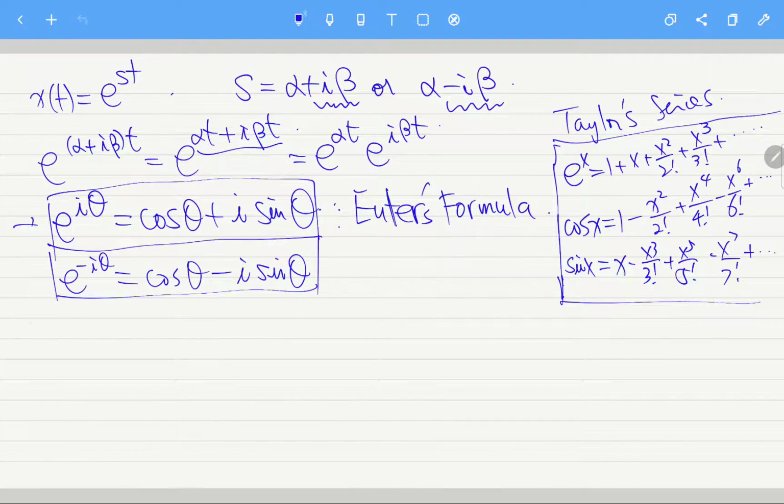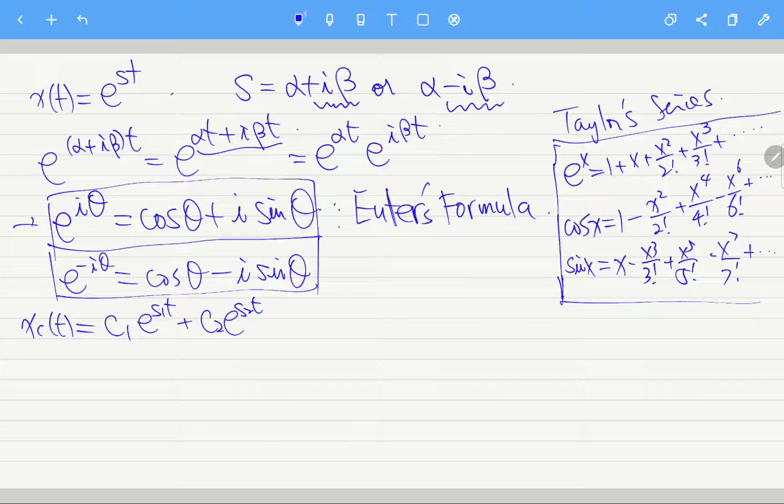then we can write x_c of t to be c1 exponential to s1 t plus c2 exponential to s2 t.